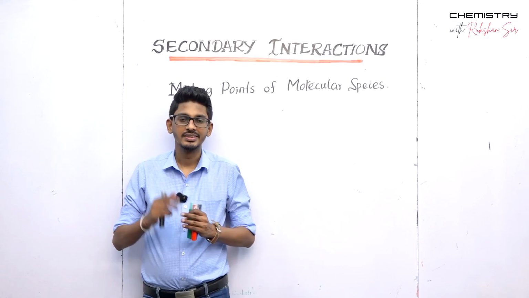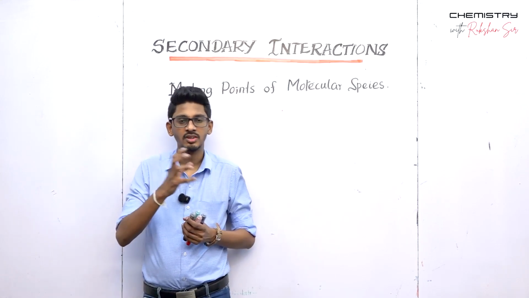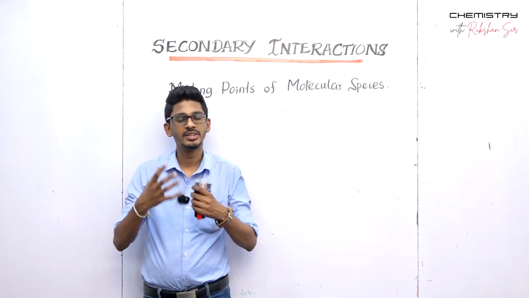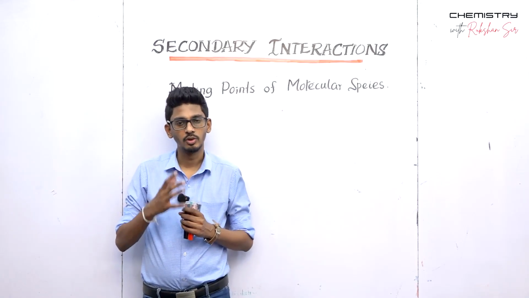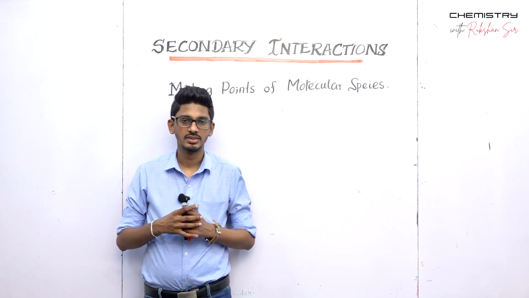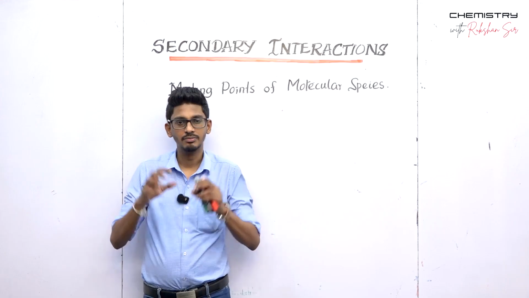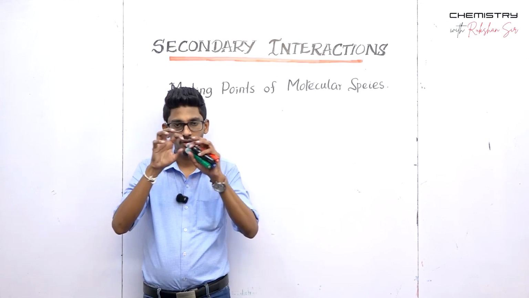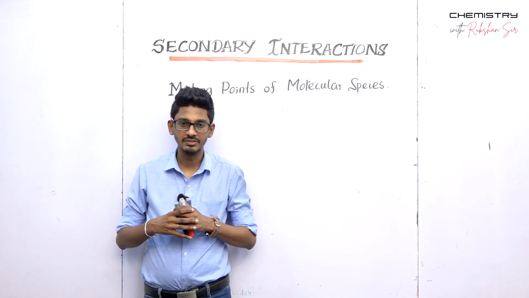Let's discuss what will happen when a solid converts to a liquid by absorbing heat. Actually, when a solid converts to a liquid, the closely packed particles in a solid will move apart from each other to come up as a liquid.